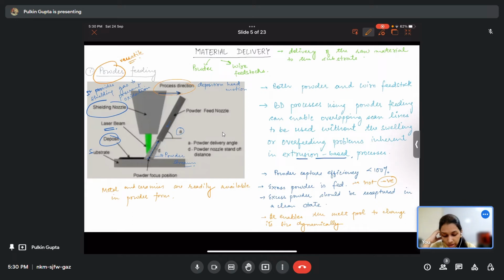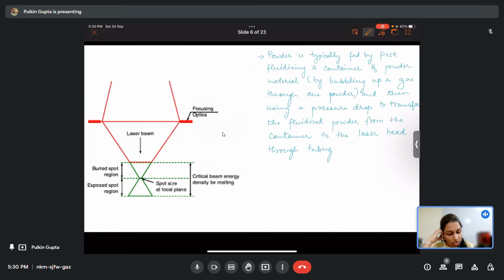Now let us talk about the energy density of the beam in these beam deposition processes. So this energy density of the beam must be above a critical level to form the melt pool.